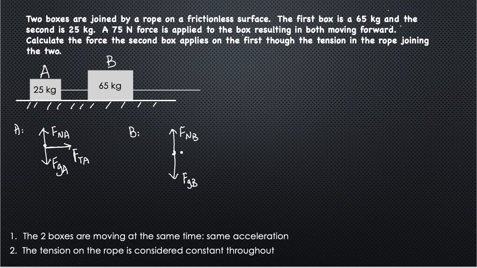This bigger block, of course, experiences weight as well as its normal force. And then, as explained in the question, there is 75 newtons of tension force that contributes to the movement of the boxes.